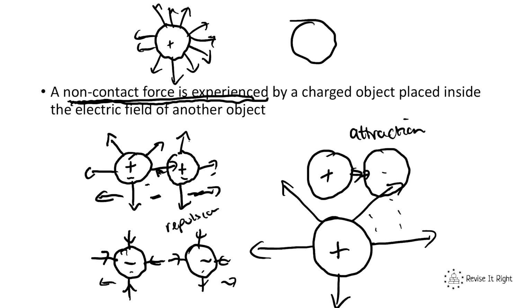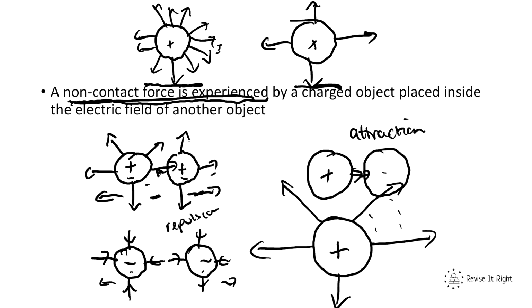And then I were to draw this object here, and again it's positive. The electric field from this object is greater and stronger than this object because these lines are closer together. So the closer the lines are together, the stronger the electric field.